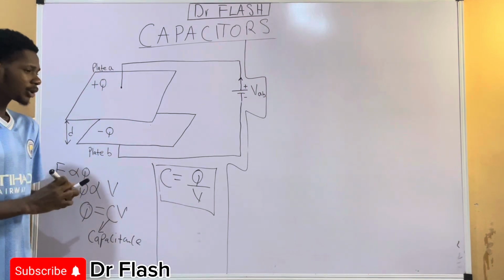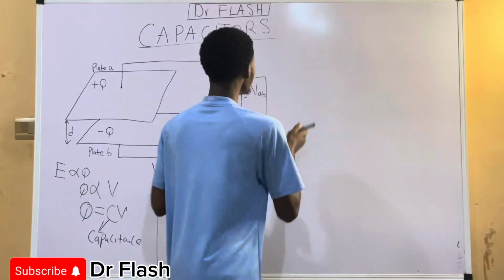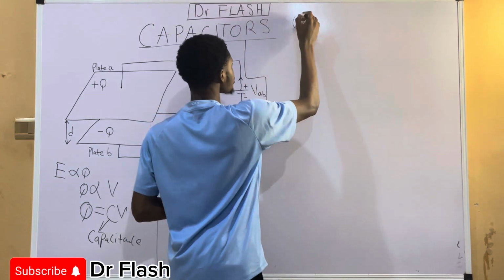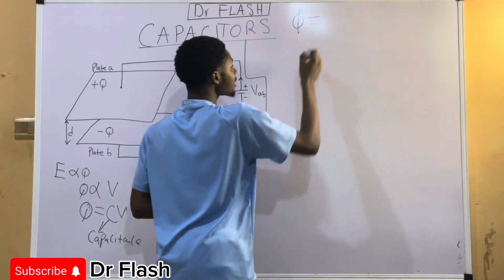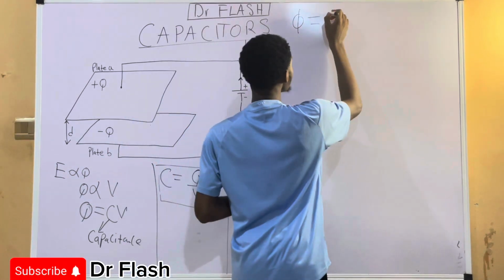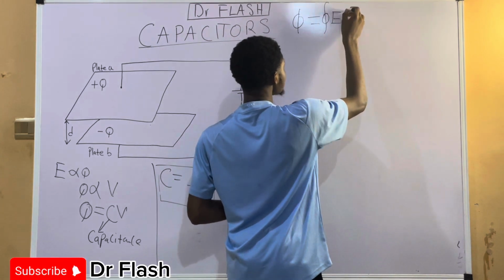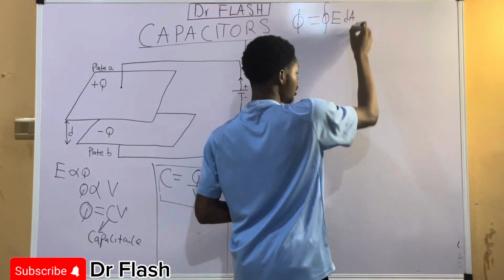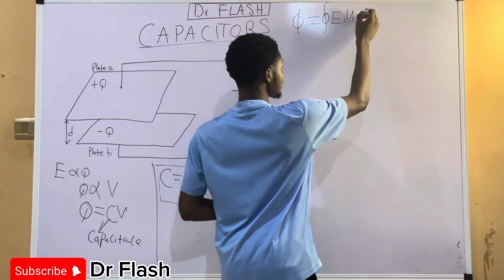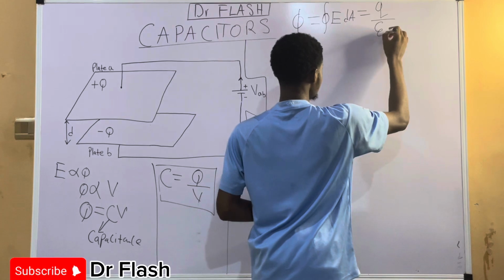Now there is something we have to take note of. Remember from our Gauss law, we said that the net electric flux in a closed surface was equal to the integral of the electric field intensity with respect to the area. We also said that it is equal to the net enclosed charge divided by the permittivity of free space.